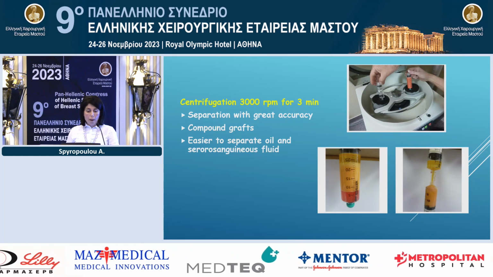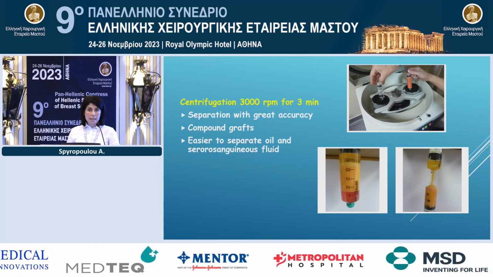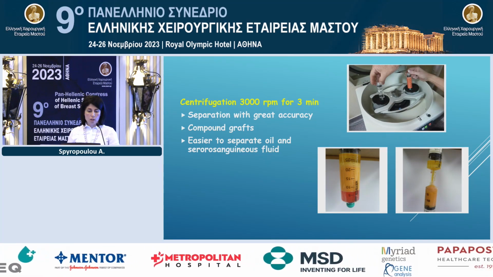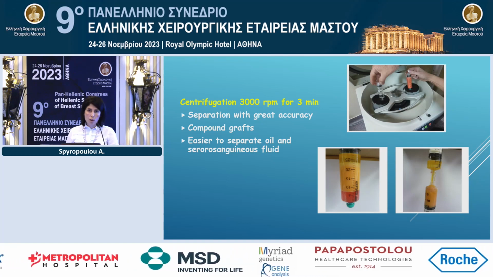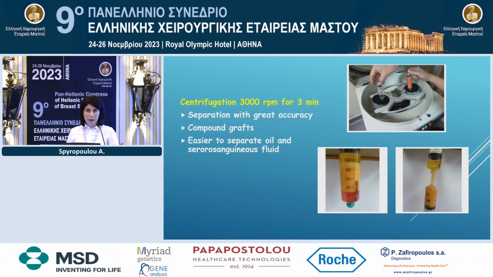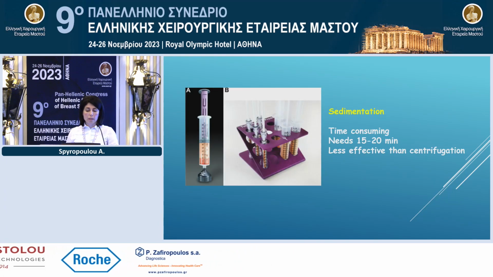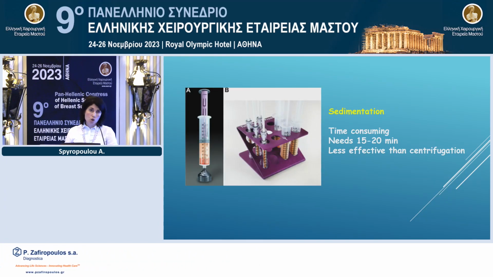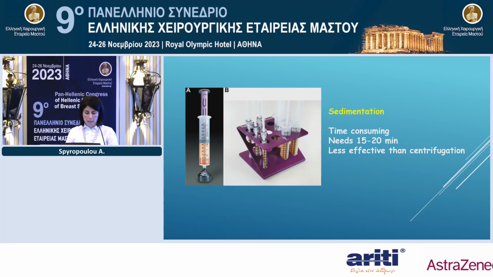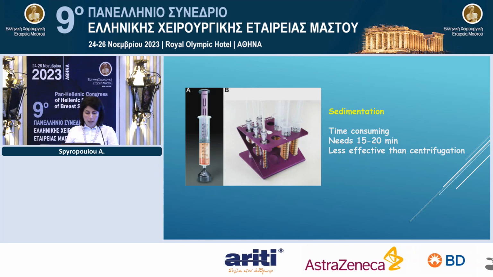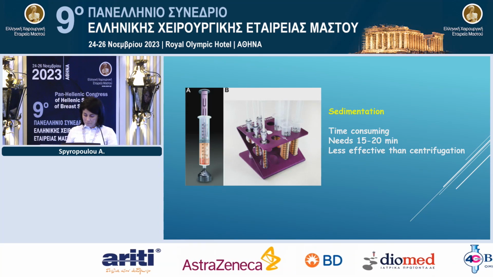This provides more compact grafts, and it's easier to separate the oil and serosanguinous fluid, and the separation is with great accuracy. However, if you don't have a centrifuge, you can use sedimentation, which is time-consuming compared to centrifugation, 15 to 20 minutes, and is less effective in the separation.